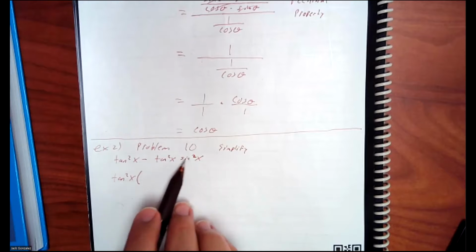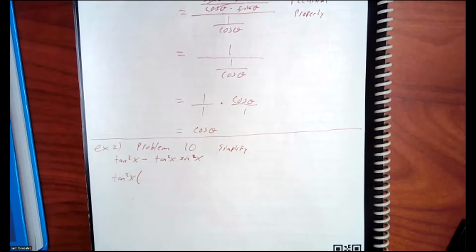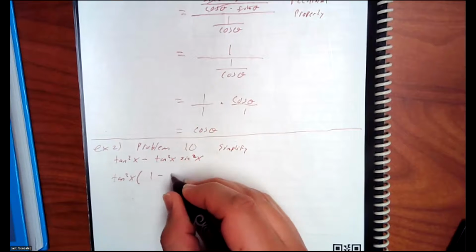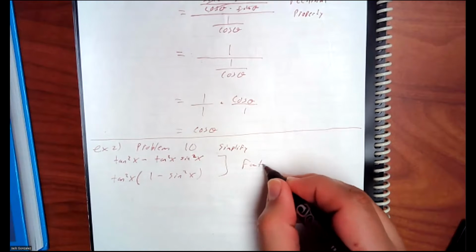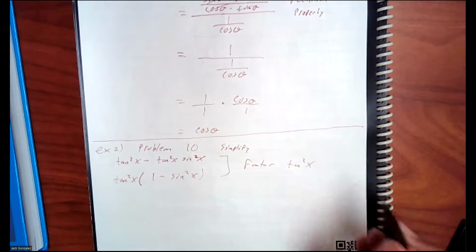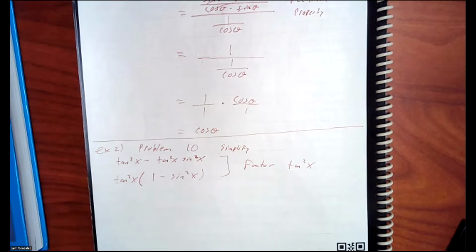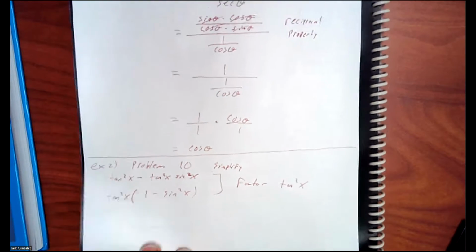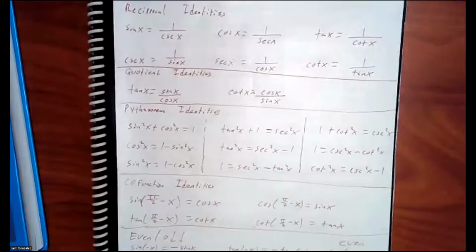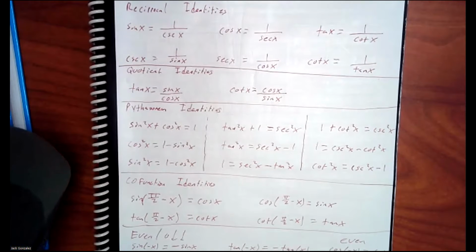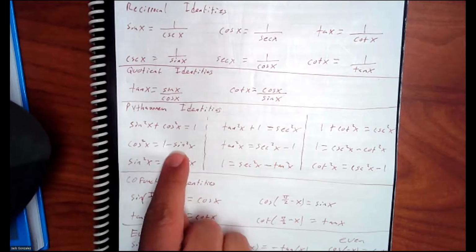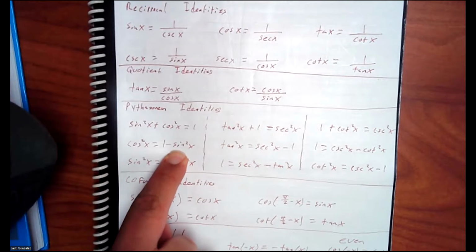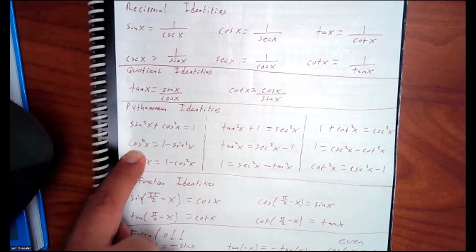So if I pull out tangent from both of these, do you agree that we have 1 minus sine squared left? Is that clear? What is 1 minus sine squared? See how that's equal to cosine squared, right?